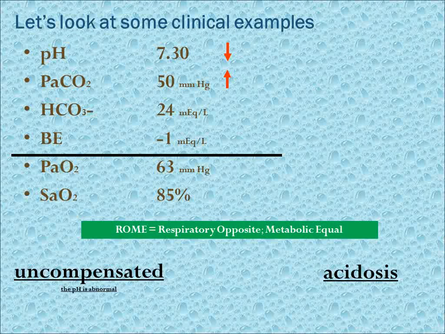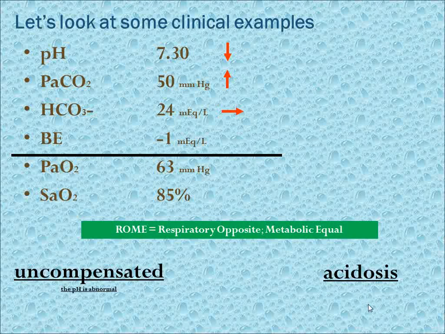So bicarbonate we see is 24. Now there are sources that vary, but for my thinking, the normal bicarbonate is 22 to 28. So because the bicarbonate is 24, I put a sideways arrow because this indicates in my brain and with my visual cues that this is a normal bicarbonate. And so now we need to figure out who is this ABG baby's daddy.